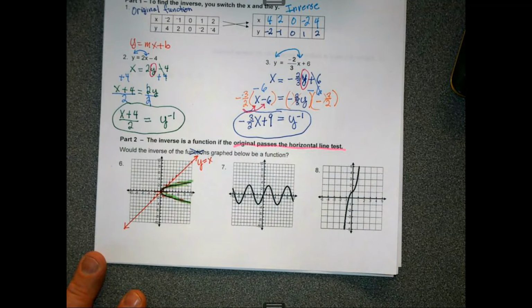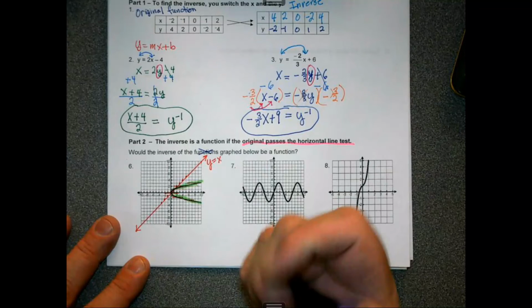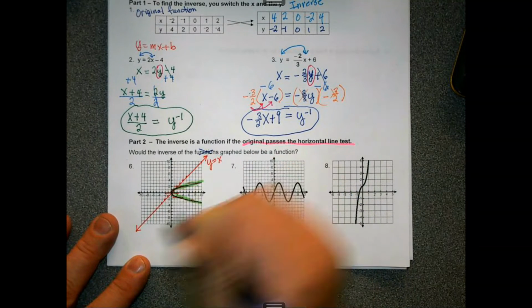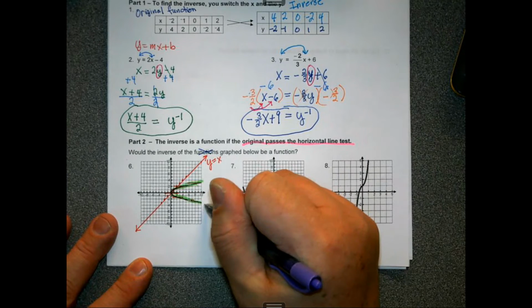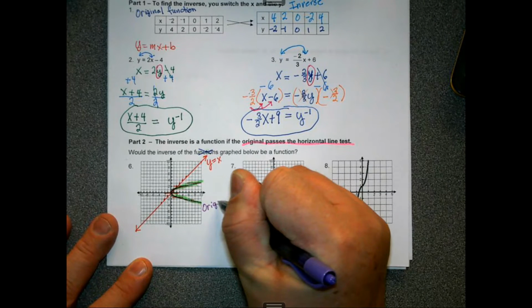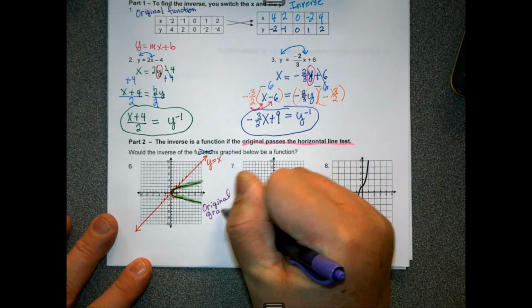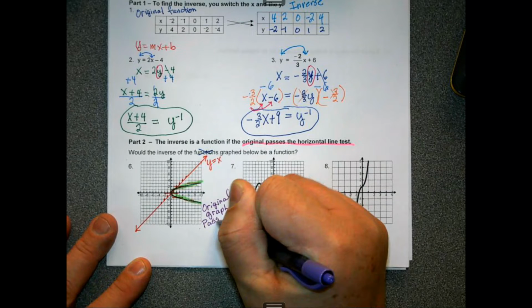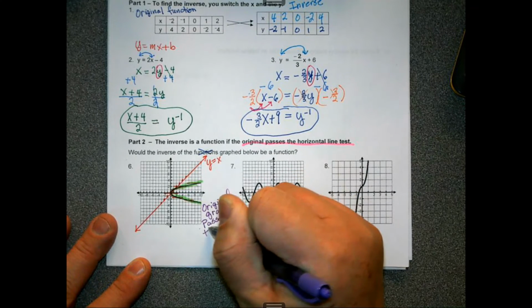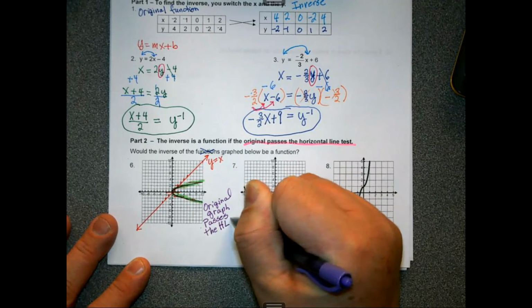So let's say this: original graph passes the horizontal line test.